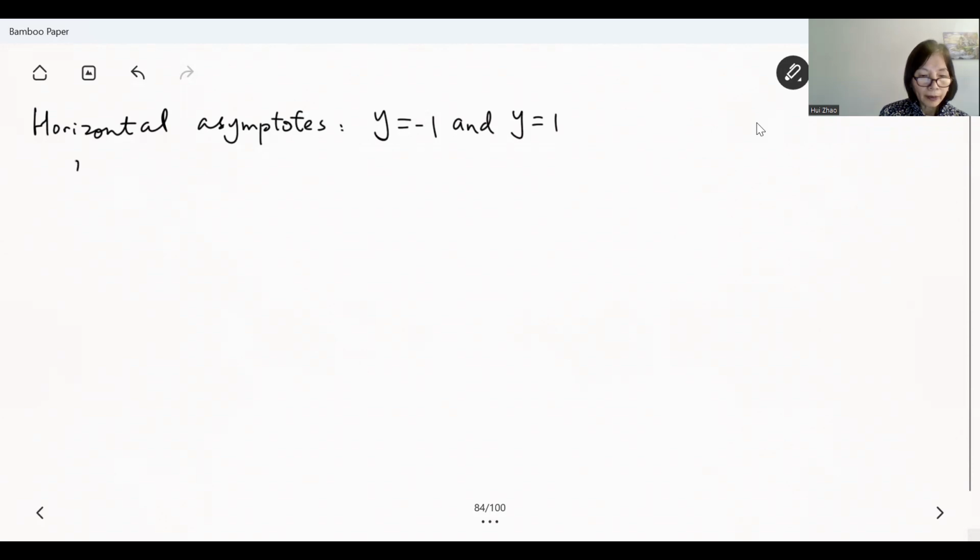And then we want to find the critical number, so we find the derivative. Here we can use the quotient rule.